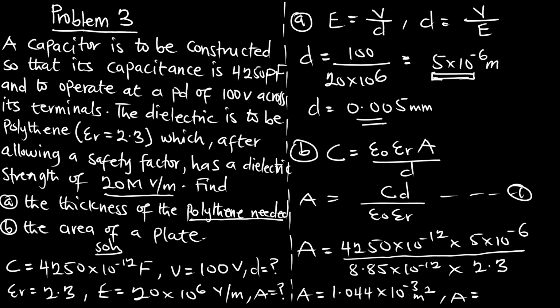Converting from meter to millimeter, you're going to multiply. So this is 1000 square, and that is going to give you 10.44. I'm working in centimeters, so that is centimeter square. Are you okay? All right.